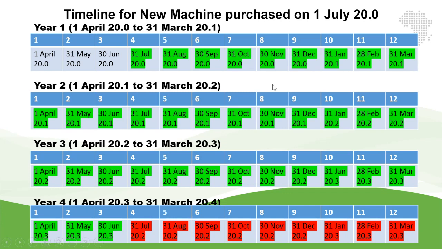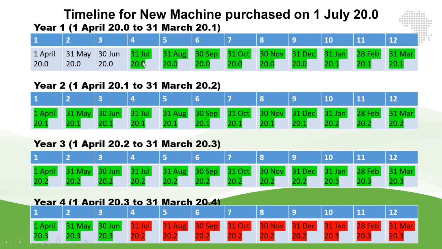The question that becomes important then: the asset was available for use from 1 July 20.0 until the end of the year, 31st March 20.1.